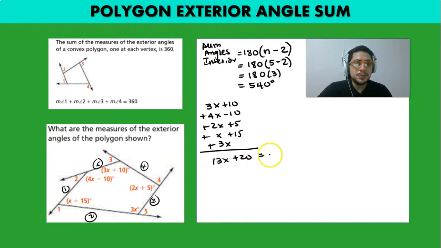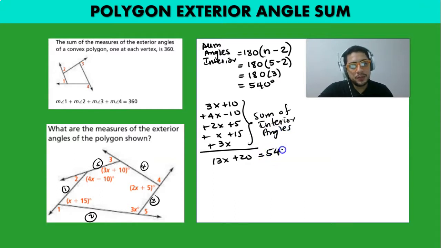So 13x plus 20, the sum of the interior angles, right, is going to give us a total of 540 degrees. So the value of x, we have 13x is equal to 520 degrees, right? So 520 divided by 13 is going to give us a total of 40. So x is equal to 40 degrees, right?